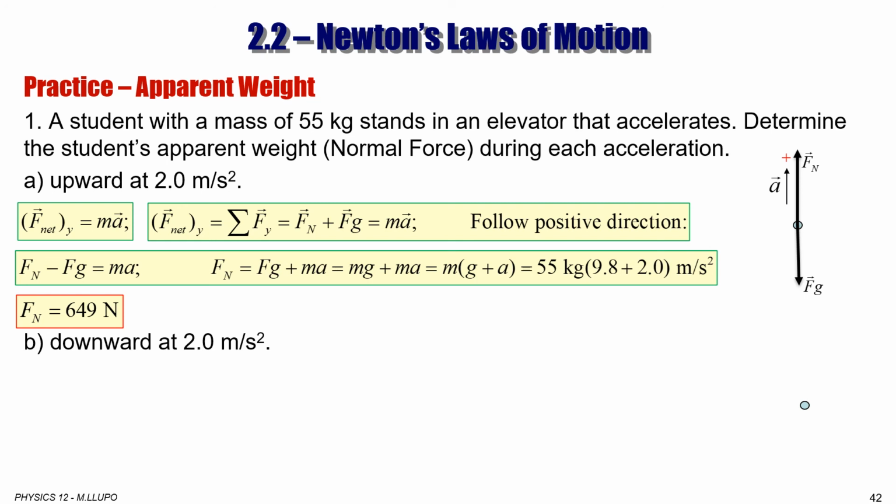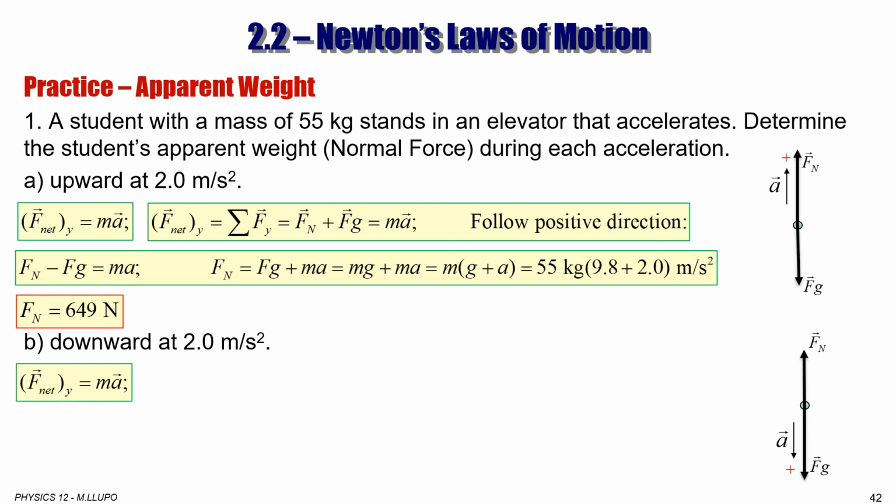The only thing you have to pay attention to is the sign, which is down. So F net y is ma because it's accelerating. And F net y is equal to the sum of all forces. Now we have to follow the positive direction, which is down. So Fg is positive and Fn is negative, is equal to ma.